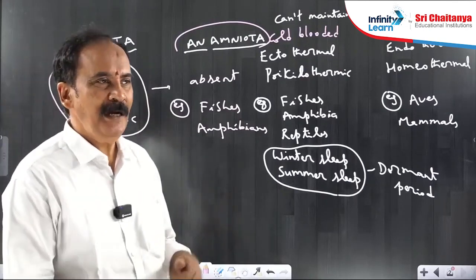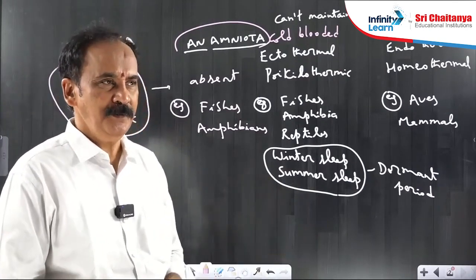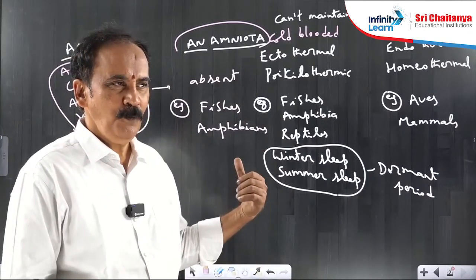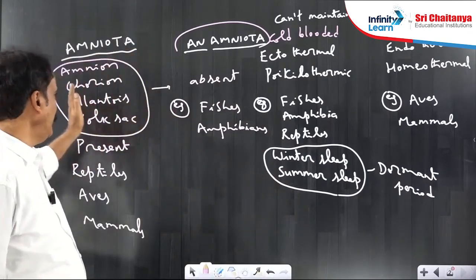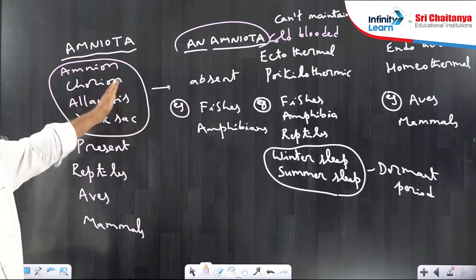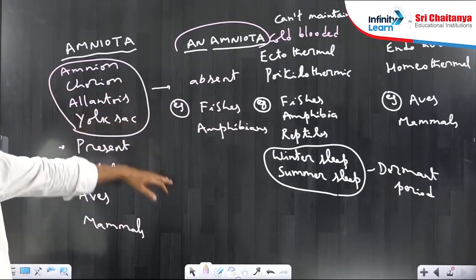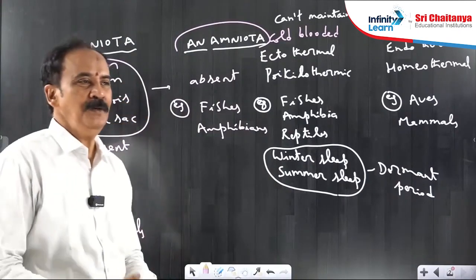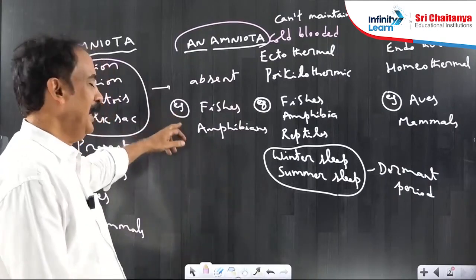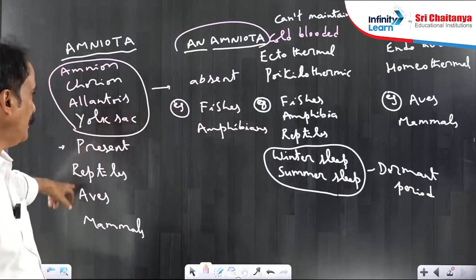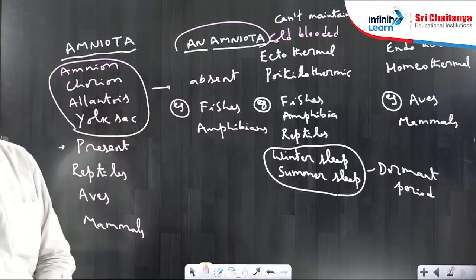Do they develop on land or in water? They develop in water, isn't it? So as they develop in water, there is no necessity of possessing these membranes. They don't require the amnion, chorion or allantois. That's why the membranes are absent here, and present in the rest of the group called amniota.